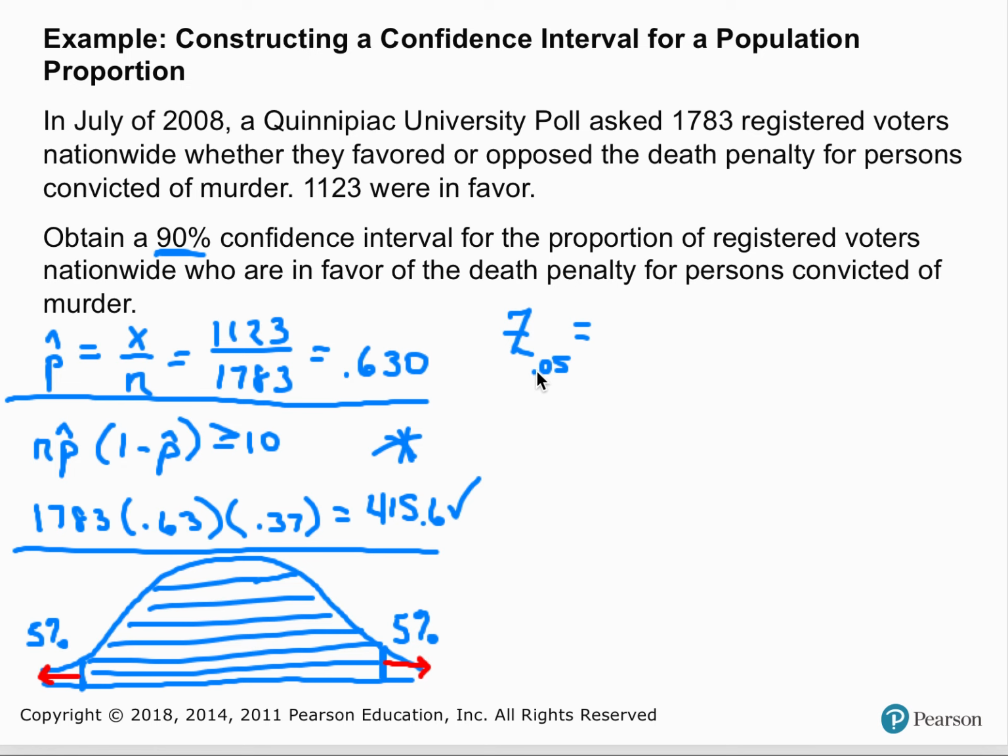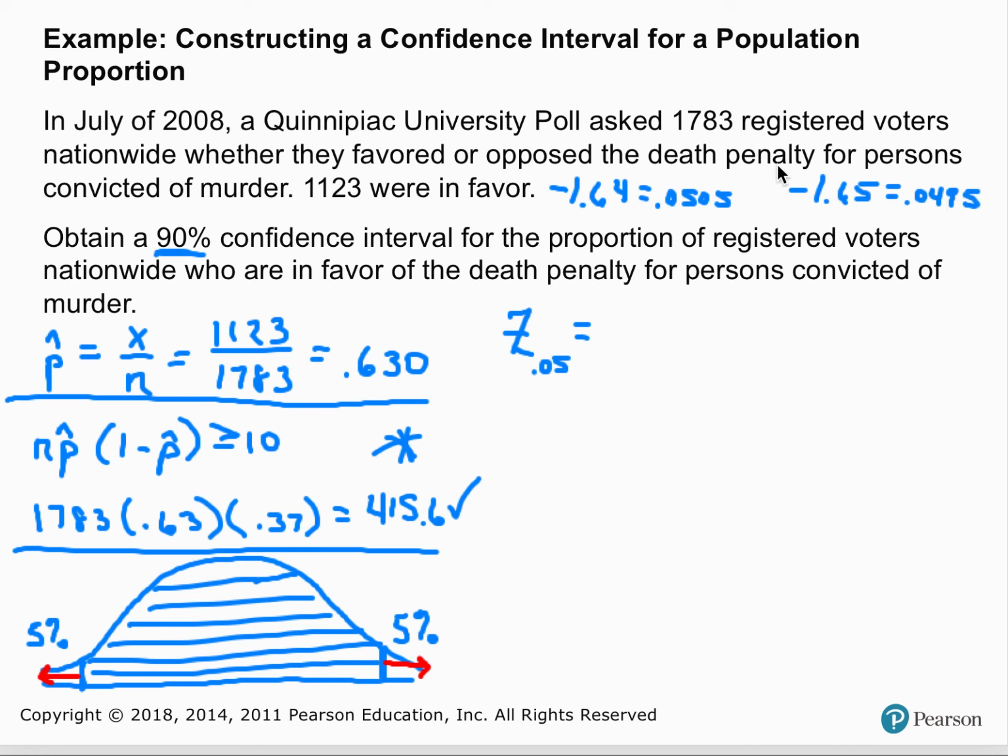Okay, sorry guys, but I'm searching my chart and I see, okay, so I'm going to write it up here. I see that when z is negative 1.64, that's at 0.0505, and when z is negative 1.65, it's 0.0495.